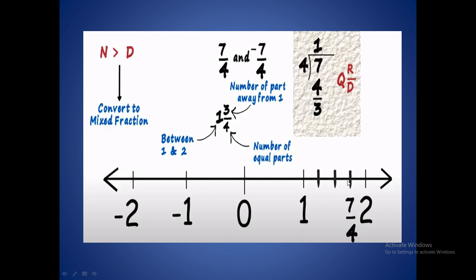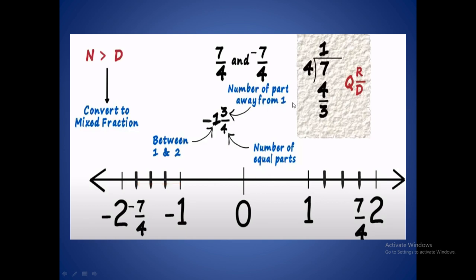In the same way, how do we represent minus 7 upon 4, the negative of 7 upon 4? To represent it, we will in the same way convert it into a mixed number. The negative sign will remain here. This negative sign only tells that this number will lie on the left hand side of 0. So you have to move up to minus 1 completely.